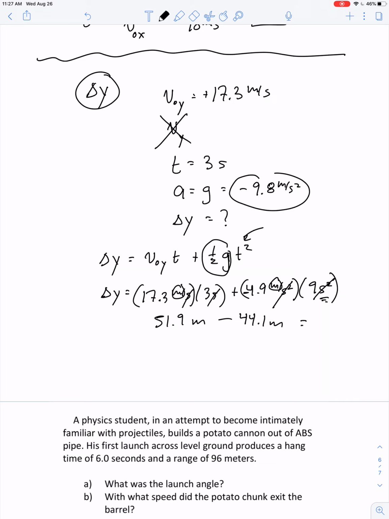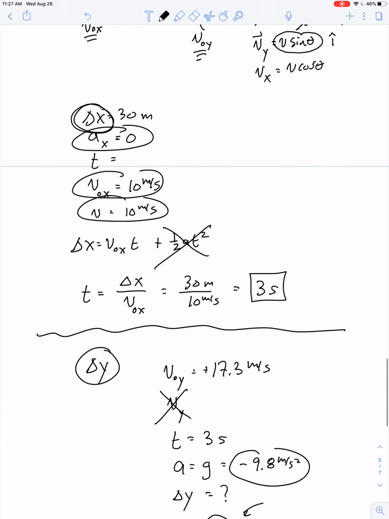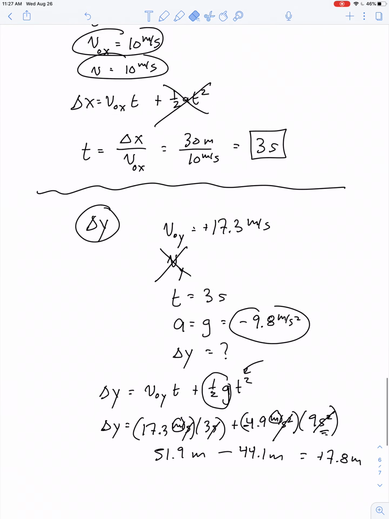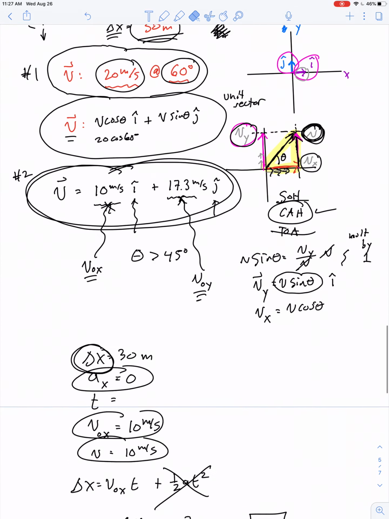And we get a value of positive 7.8 meters. But we know the fence is only 5 meters tall, so we just ruled out B as a possible trajectory. We know it clears it, right? In fact, we know it clears it by a height of 2.8 meters.